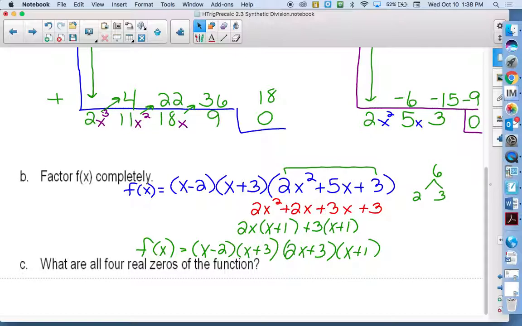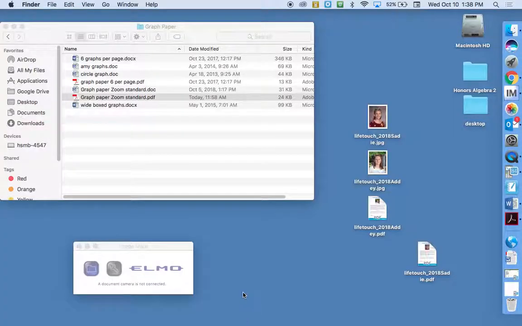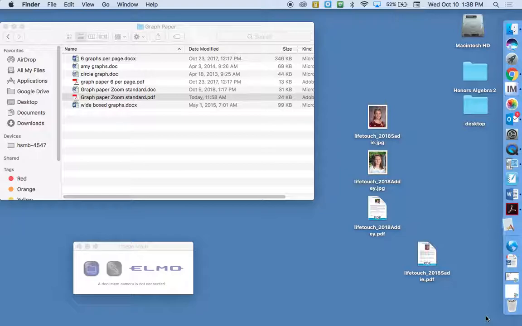Michael, what do you get for the 4 real zeros? 2, -3, -3 halves, and -1. Yeah. So hopefully you heard him. He said 2, -3, -3 halves, and -1. Those would be the 4 real zeros.